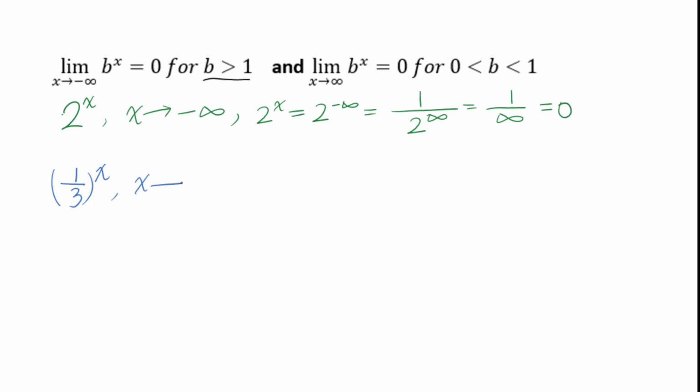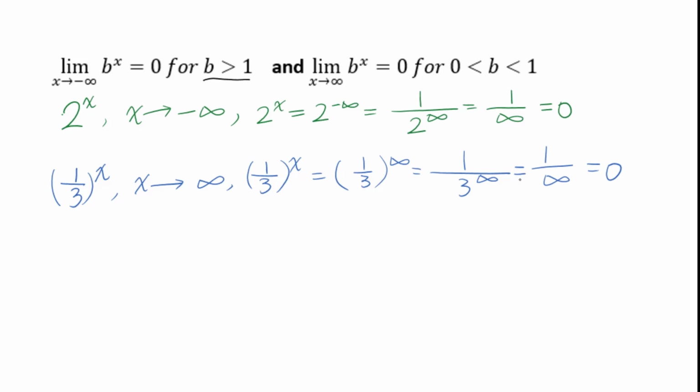When x approaches infinity, 1 over 3 to the x power equals 1 over 3 to the infinity power, then equals 1 over infinity equals 0.